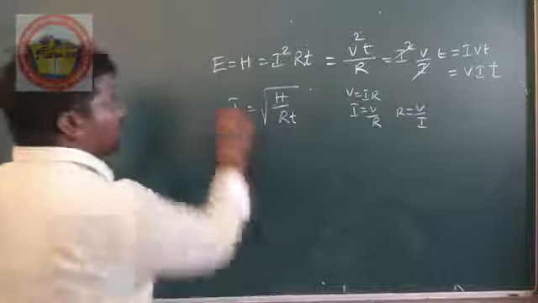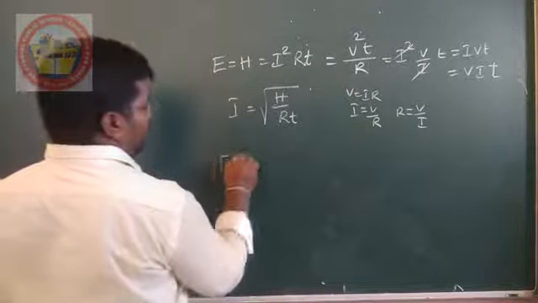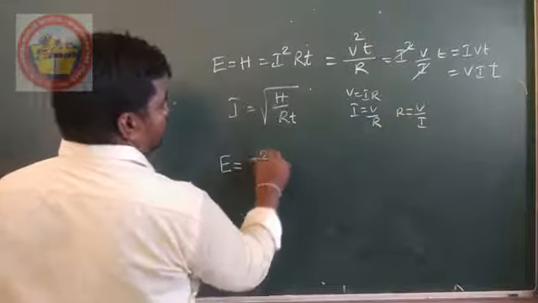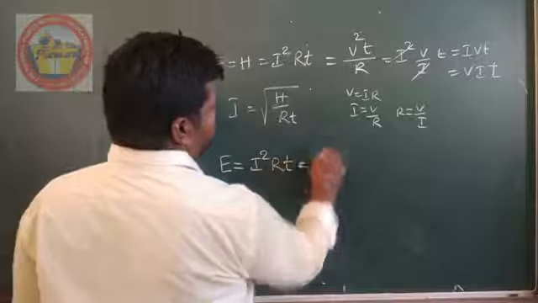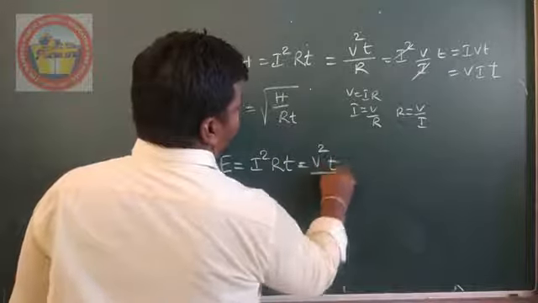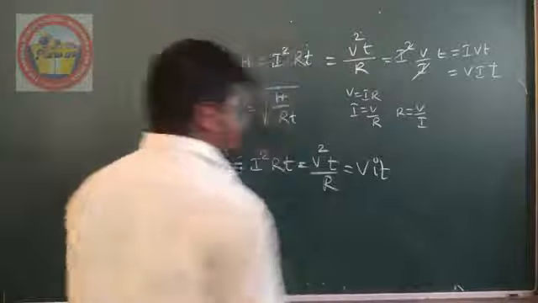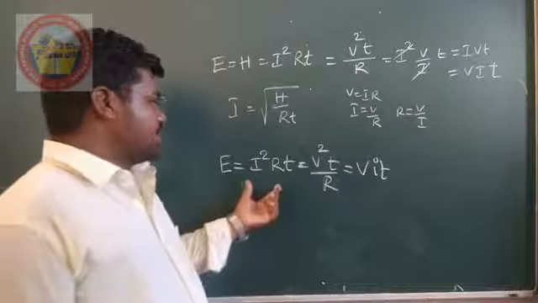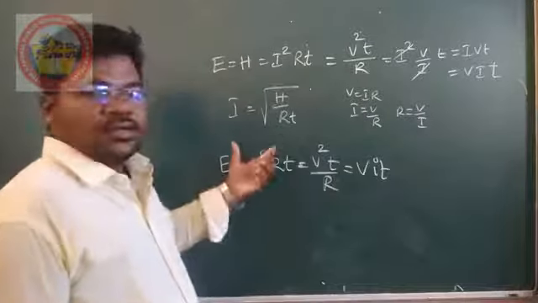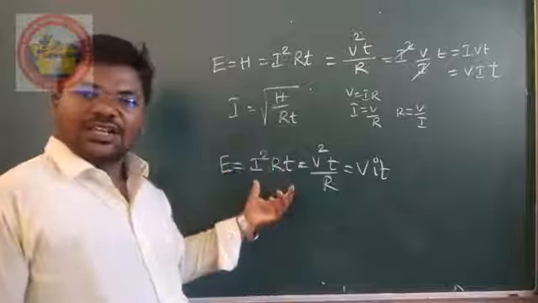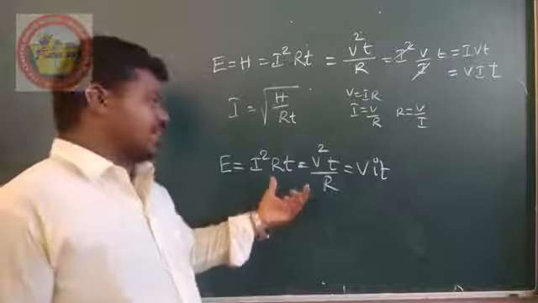What are the expressions? E is equal to I square RT is equal to V square T by R is equal to VIT. Okay, understand? So this is the expression for electrical energy or heating effect of electric current.